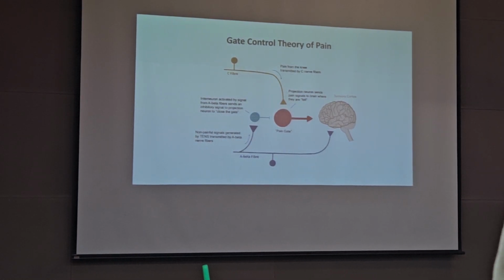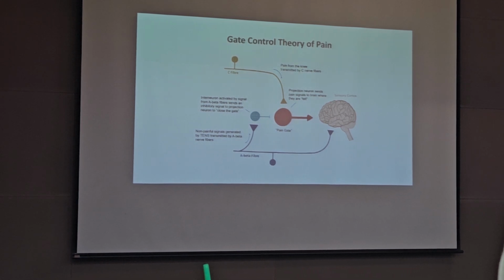This gate will close. Then the gate will not allow the pain sensation to cross. So by that way we can inhibit pain sensation by rubbing or touching or giving massage. Don't give too strong a massage, though.